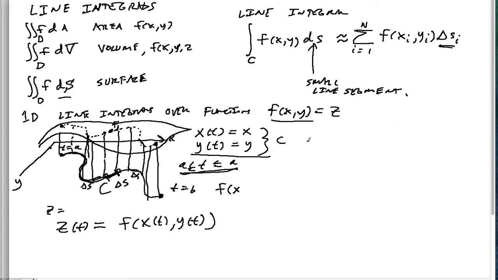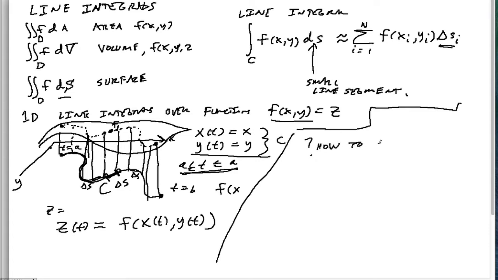But the question then is, how to compute delta s. So how do we get that? So one thing we need to do is let's draw this curve from the bird's eye view.